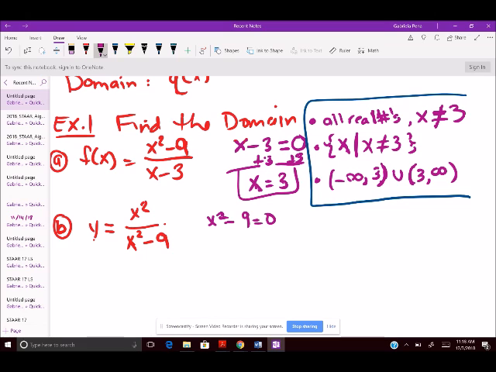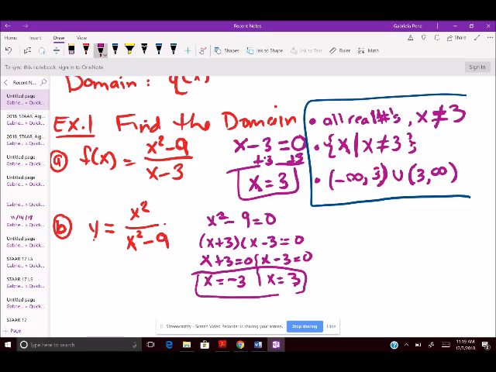Yes. What does it become? X plus 3 and x minus 3. It is a difference of squares. So you set each one equal to 0. And here I get x is what? Negative 3. And here I get x is a positive 3, right? So these are my 2 places where the domain cannot occur.